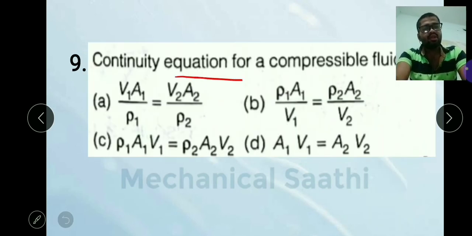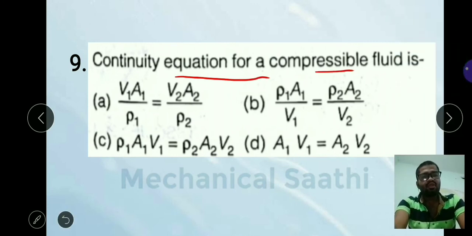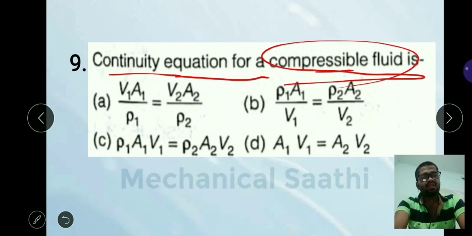Then continuity for compressible fluid. The continuity equation for a compressible fluid is option C, that is rho a1 v1 equal to rho a2 v2.